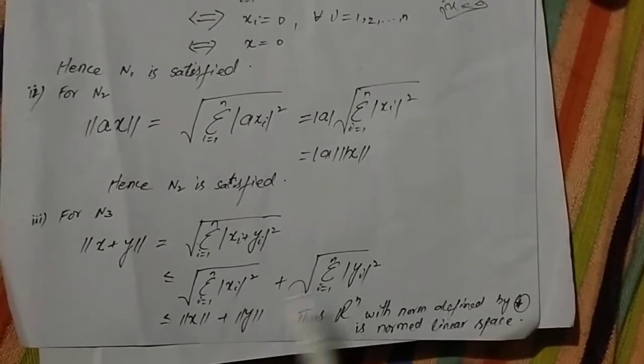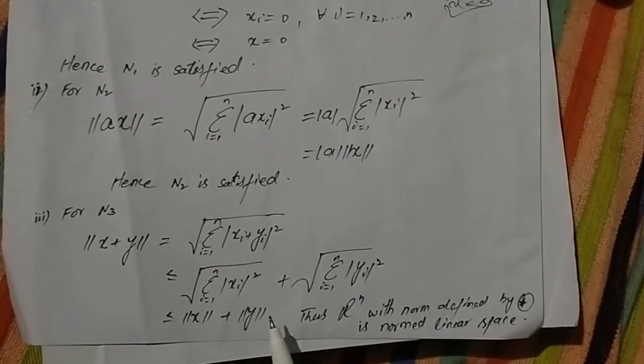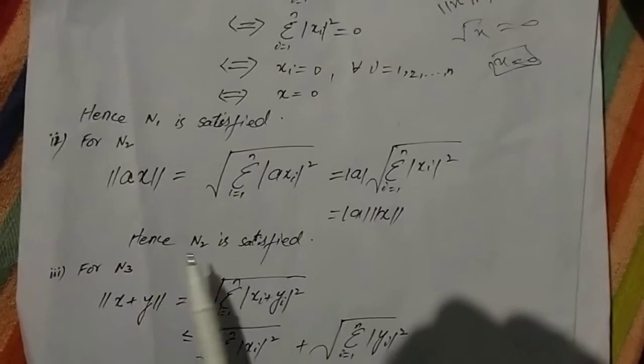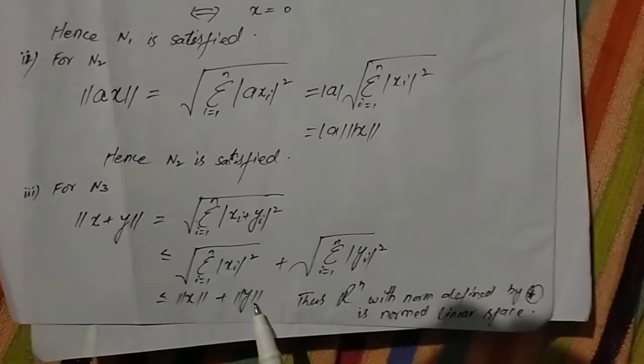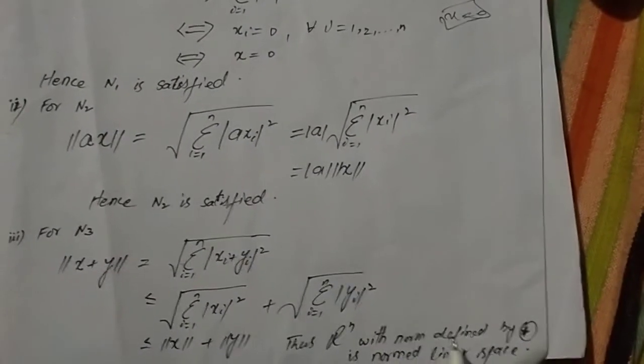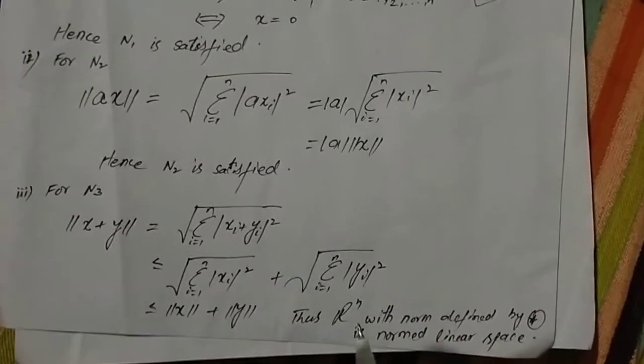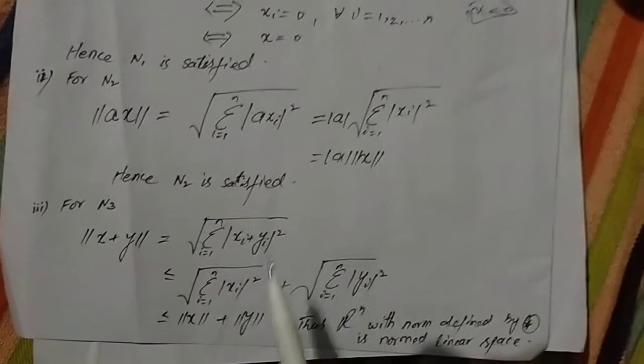That is the norm of x and that is the norm of y. So the norm of x plus y must be less than or equal to the norm of x plus the norm of y. So all three conditions are satisfied, and thus we can say that R^n under the norm defined above is a normed linear space. I hope students you easily understand the example of the normed linear space.